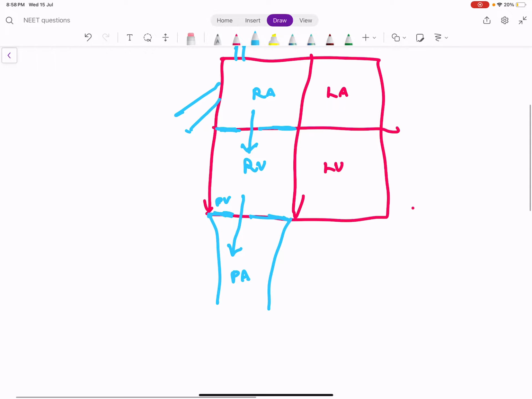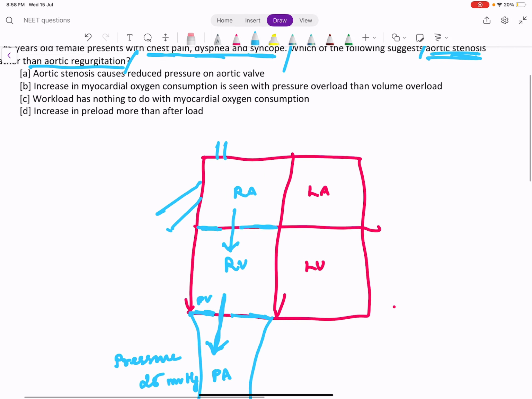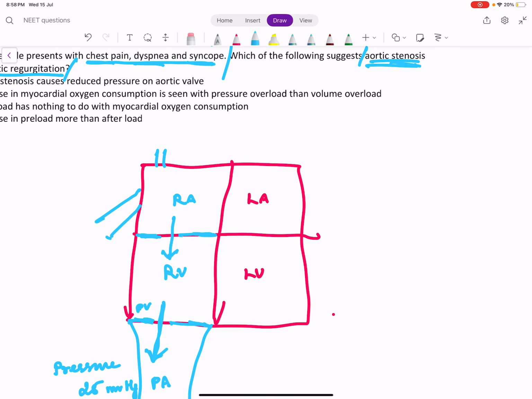Remember, the pulmonary system is a high capacitance, low resistance system, which means the total pulmonary pressure is only around 25 millimeters of mercury. Blood through the pulmonary artery reaches the pulmonary capillaries, where oxygen exchange occurs in the lung, and they form 4 pulmonary veins, which empty into the left atrium.